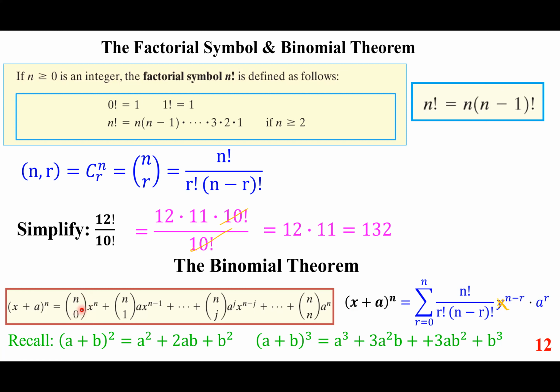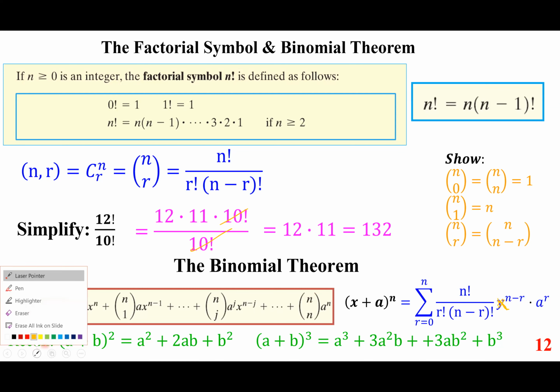Now, a couple of things that I want you to work on. You can show that combination of n choose 0 and combination of n choose n are identical and they are both equal to 1. So this ends up being 1. This ends up being 1 always.